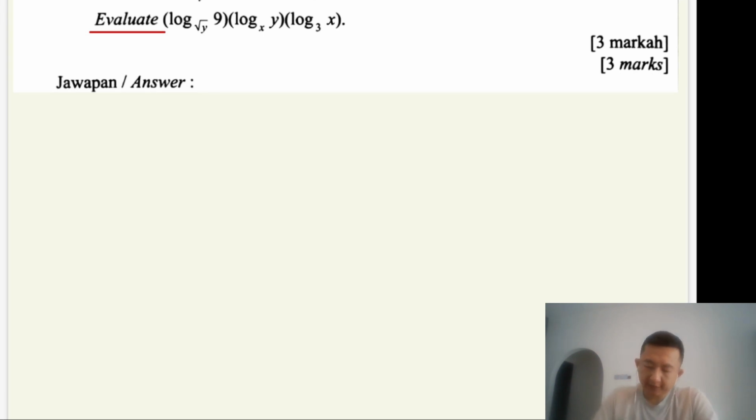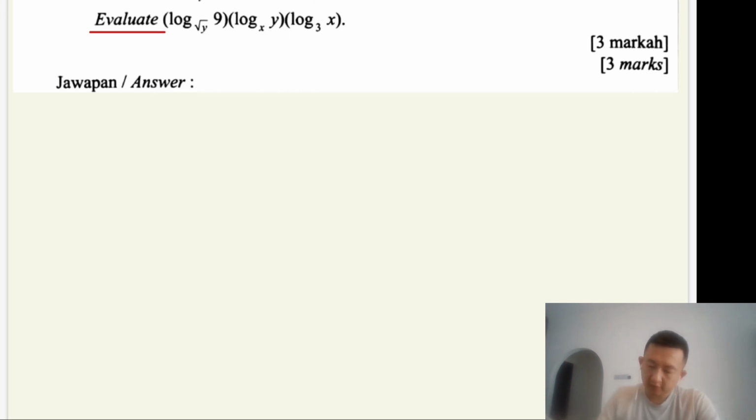So the idea is all these logs with different bases, you can choose to change them all to base 3, or you can change everything to base x, or you can change everything to base y. I think you have an option, but not base 9, because base 3 is a better option. Up to you, so I will go for base 3.